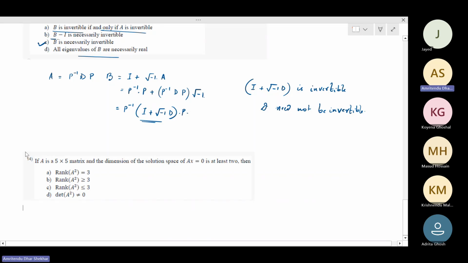Right. So if A is a 5 cross 5 matrix and the dimension of the solution space of Ax = 0 is at least 2, then what can we say about the rank of A squared?